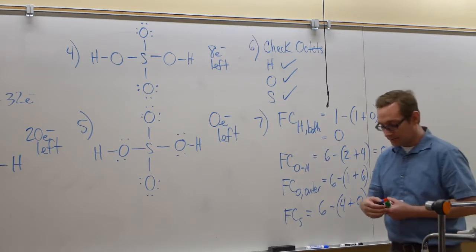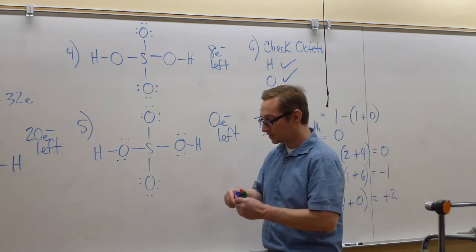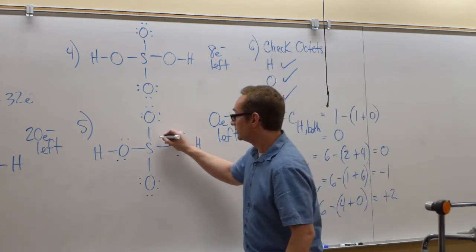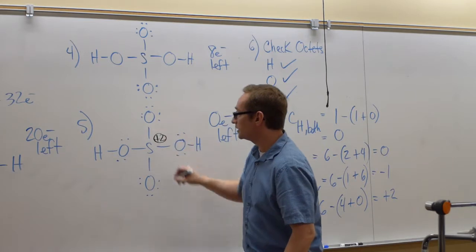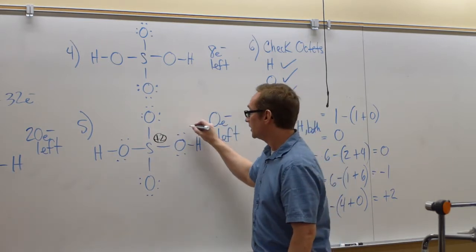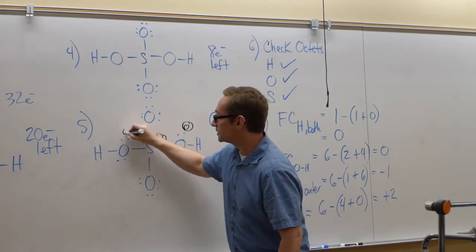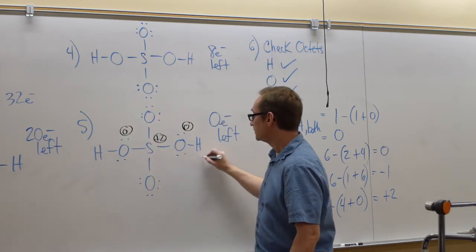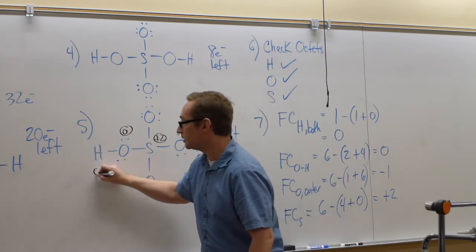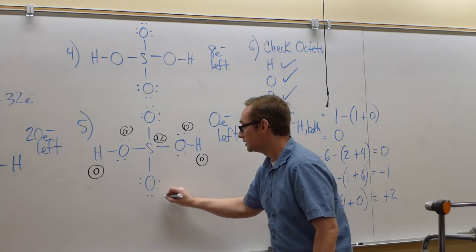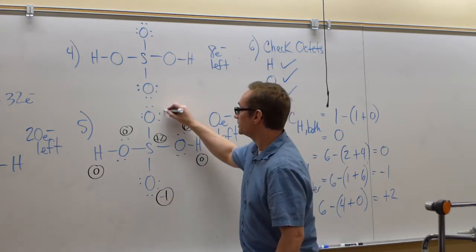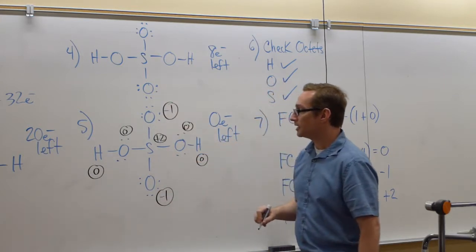So let's write the formal charges in the structure that we have. So I've got a +2 here on the sulfur. I've got the 0s on these oxygens. 0s are also on the hydrogens. I've got -1s on the outer oxygens.